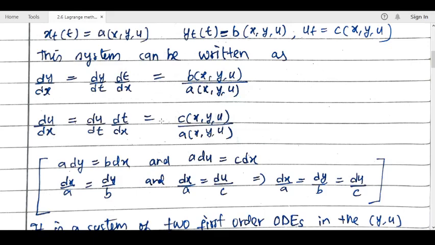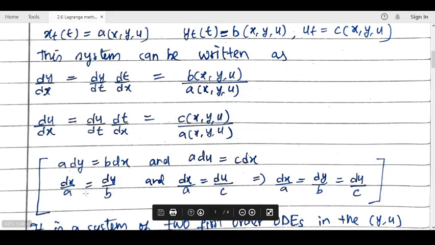So this ODE can be written in the form a dy equal to b dx, and the second equation is c dx equal to a du. Okay, so the ratios can be written like this. From here dx by a is dy by b, and from here dx by a is du by c.